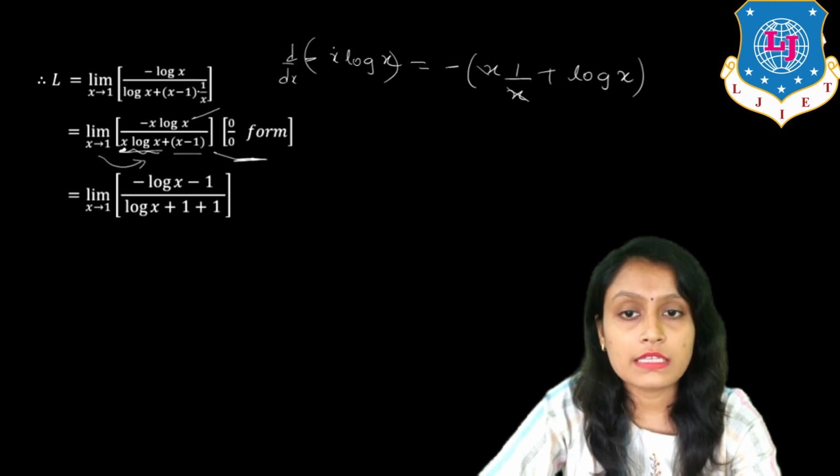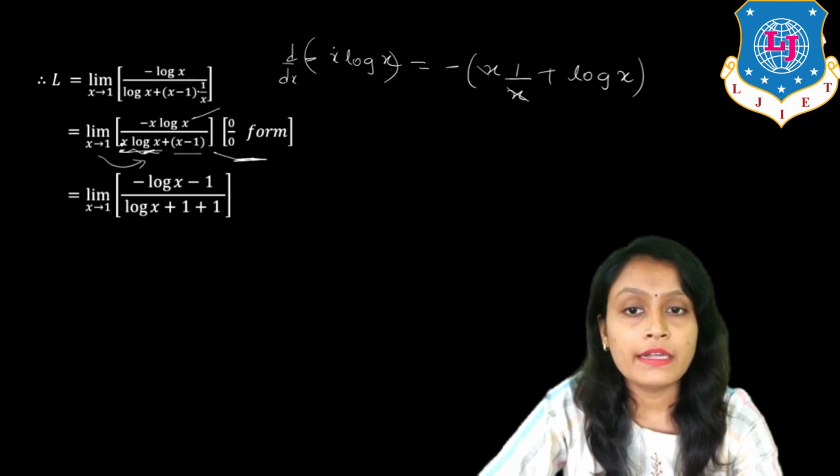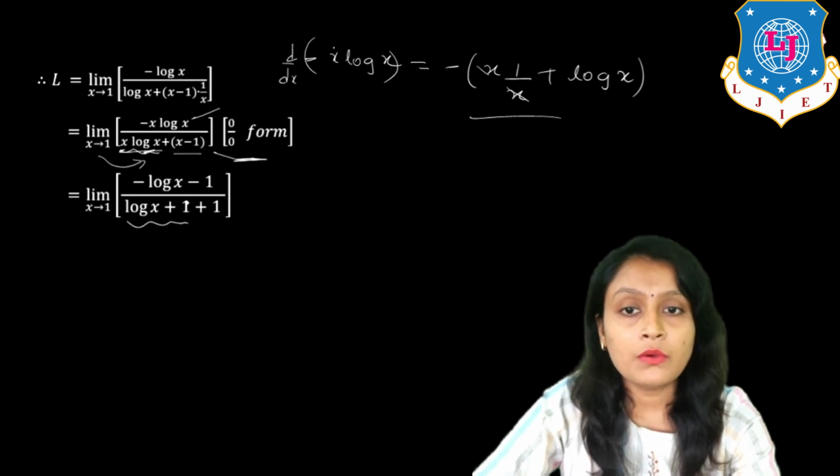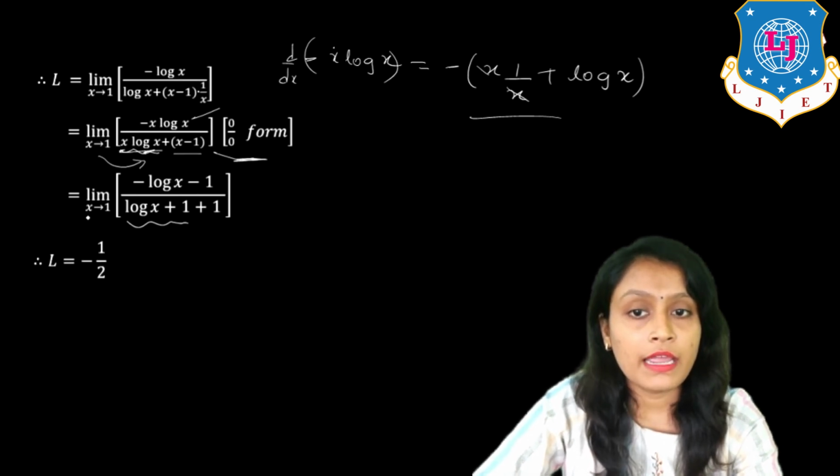So consider this as u and this as v, and on simplification you will get log x plus 1 like this, right? And the derivative of x minus 1 is 1. Now on simplification and putting the limit x is equal to 1, you will get the answer of the limit L is equal to minus 1 by 2.